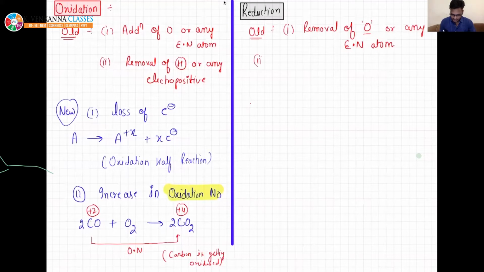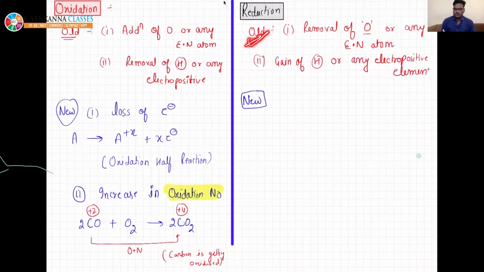Second is gain of hydrogen or any electropositive element. But we need to focus over here. This was the old story, beta. We used it in 9th and 10th.